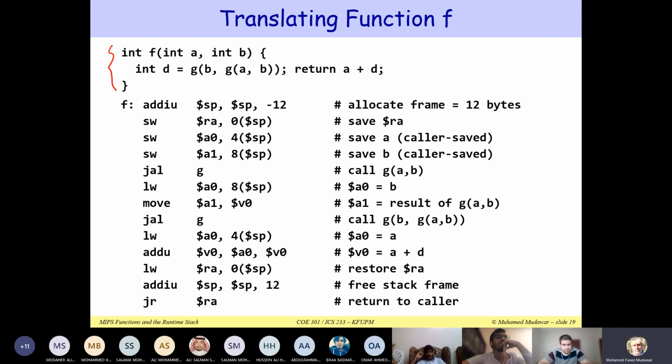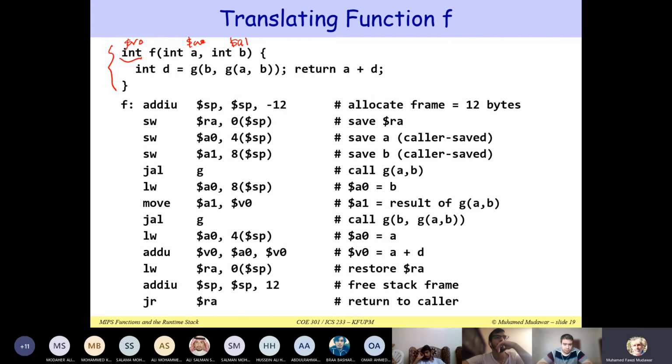If they are passed in different registers, it's not going to work. And the caller of the function f expects the result to be in V0. If it's returned in any other register, then the software will not work. This is why the software has to be written properly, and why we follow these conventions.